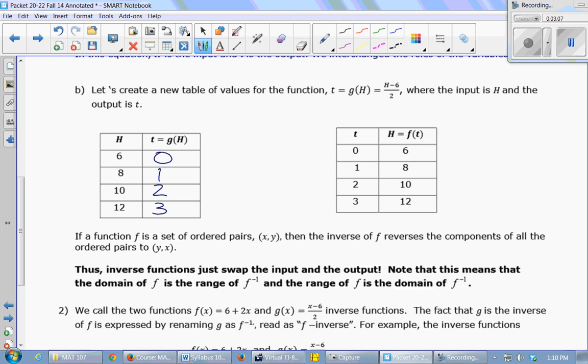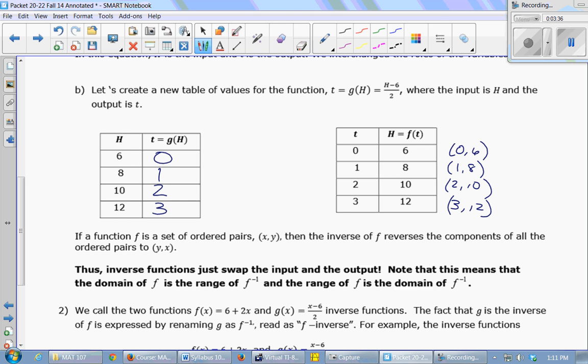And it turns out that if a function is a set of ordered pairs x, y, like here we have my function f, and my ordered pairs would be (0, 6), input, output, (1, 8), (2, 10), and (3, 12), right? Then the inverse of f, this is a new word, the inverse of f just reverses the components of the ordered pairs.